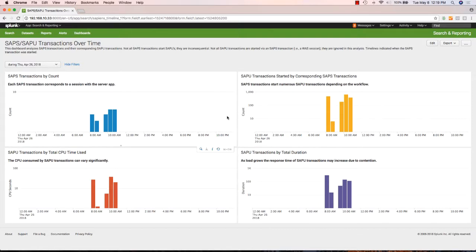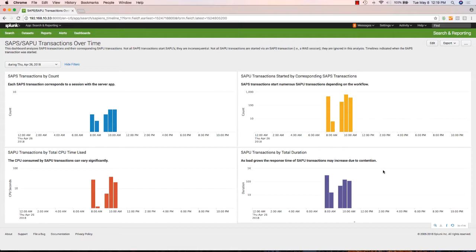And then using this data, now that we have sitting down in Splunk, we can look at some other things at a very high level, such as the total CPU time consumed by those SAPU transactions. And so we can come down to the same interval and we can say, well, okay, we can't say if it's good or bad, but 20 CPU seconds were spent during that interval. And then we also built this dashboard to keep track of the duration.